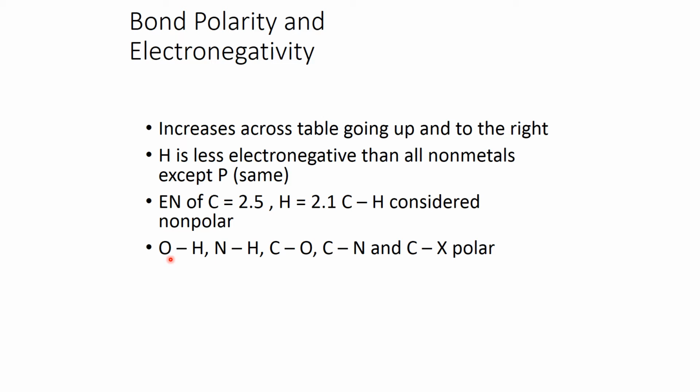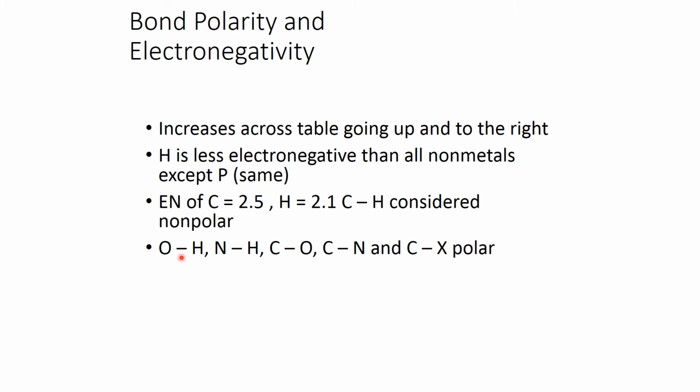The very polar bonds are oxygen-hydrogen, nitrogen-hydrogen, carbon-oxygen, carbon-nitrogen, and carbon-halogen. These are the ones that we focus on in organic chemistry because there's a large dipole with these. Well, here it's not hugely large, but there is a good bit of polarity.